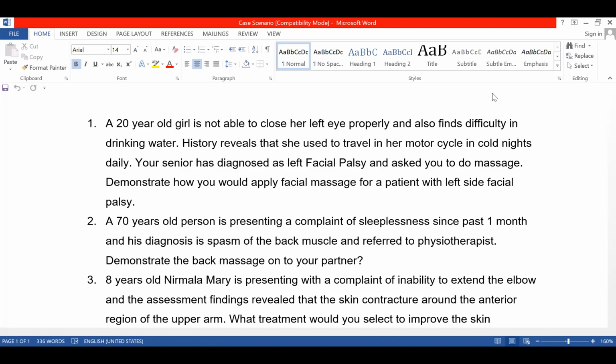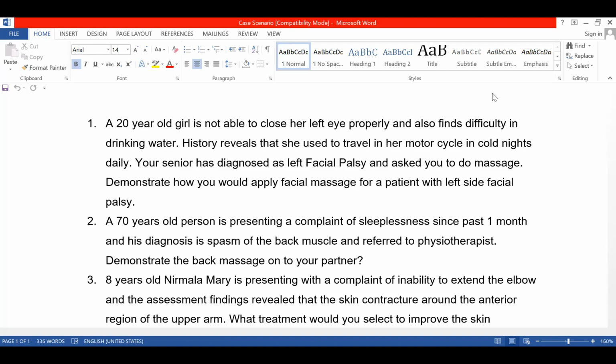Next we'll perform effleurage. As the face is small, we'll perform thumb effleurage. Due to the facial palsy, the patient's eyes will be unable to close properly and the mouth will be deviated to the sound side.